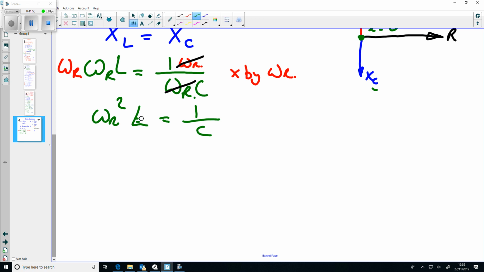What's the next step towards getting omega R on its own? Move the L across. Yeah, divide by L. So we get omega R squared is equal to 1 over LC. And the last bit, square root both sides.